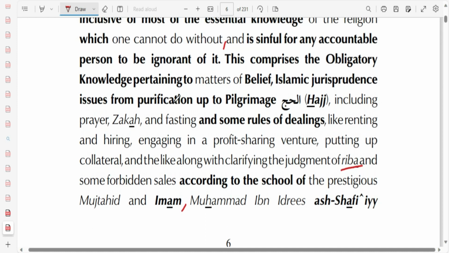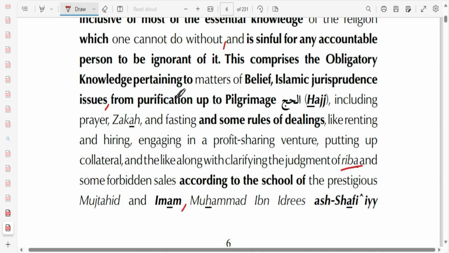So, let's back up really quick here. This summary, this abridgment, it includes the obligatory knowledge pertaining to matters of belief, Islamic jurisprudence issues, rules, from purification up to pilgrimage.